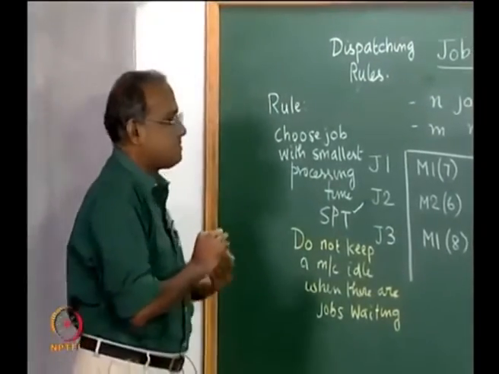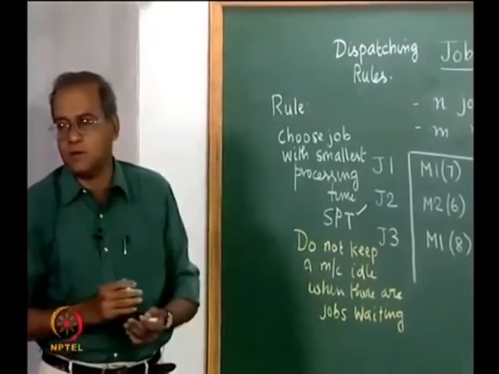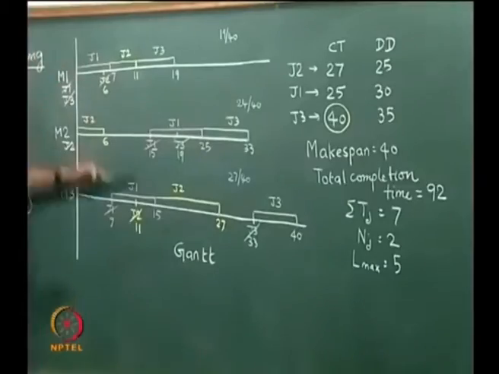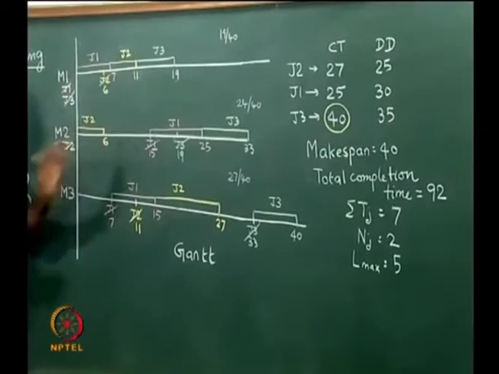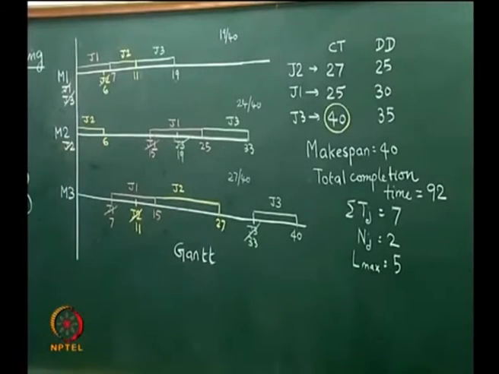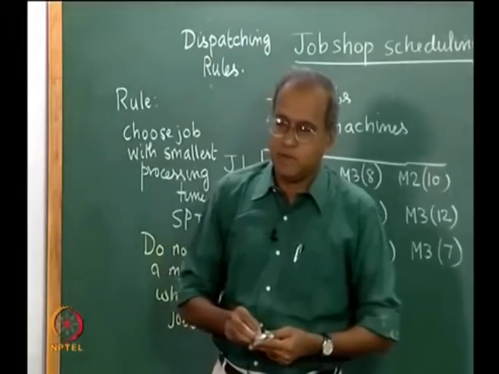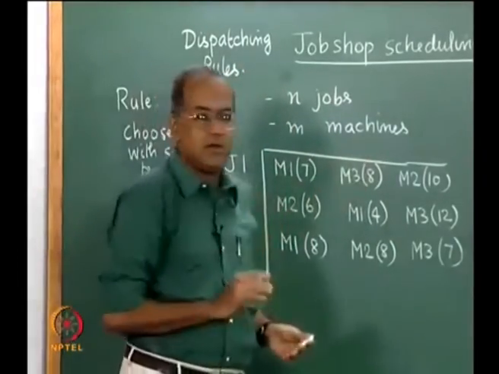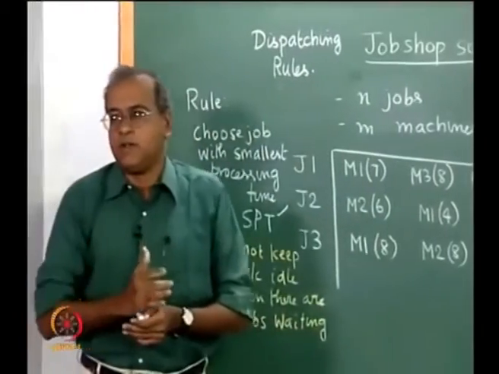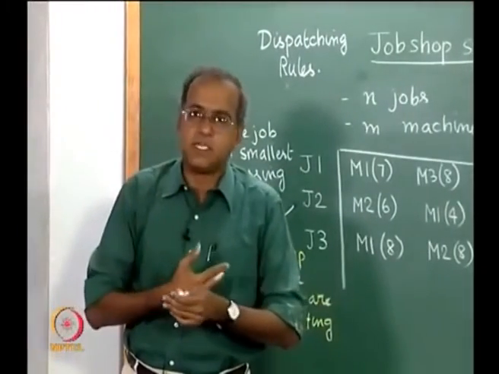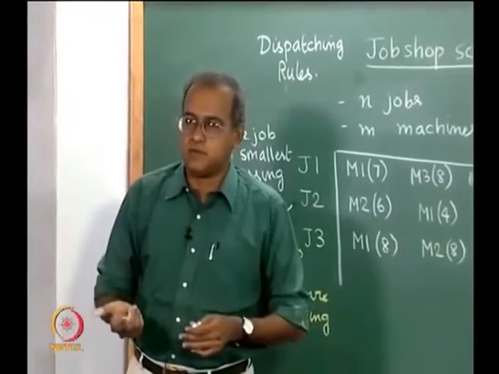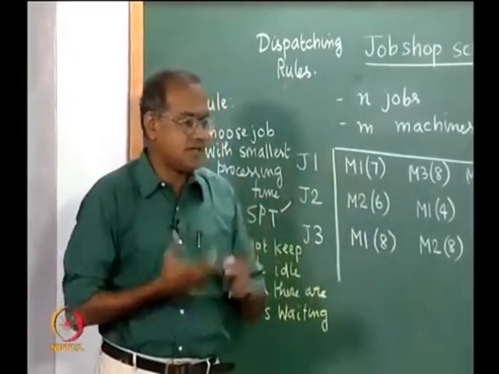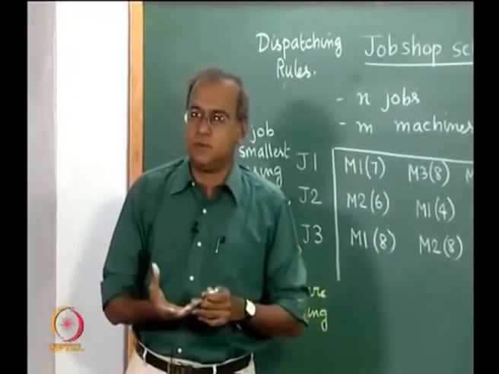So, depending on the dispatching rule and the tie breaking rule, the Gantt chart is defined, and Gantt chart is an extremely efficient and intuitive way to draw a schedule. But this schedule need not be optimum with respect to make span or with respect to any other performance measure. Gantt chart is essentially an evaluative tool.